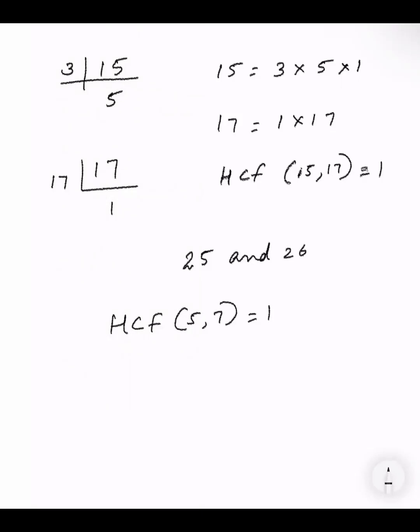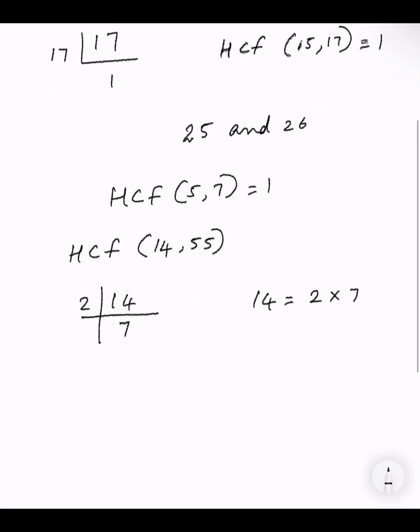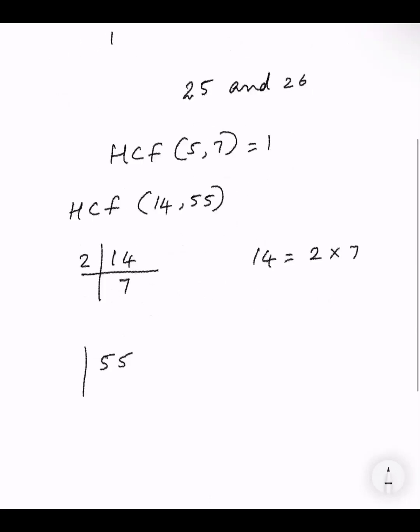Take another example. Find the HCF between 14 and 55. What are the prime factors of 14? 2 times 7. So 14 is 2 into 7. Whereas 55, what are the prime factors of 55? 5 times 11. So 55 can be written as 5 into 11.